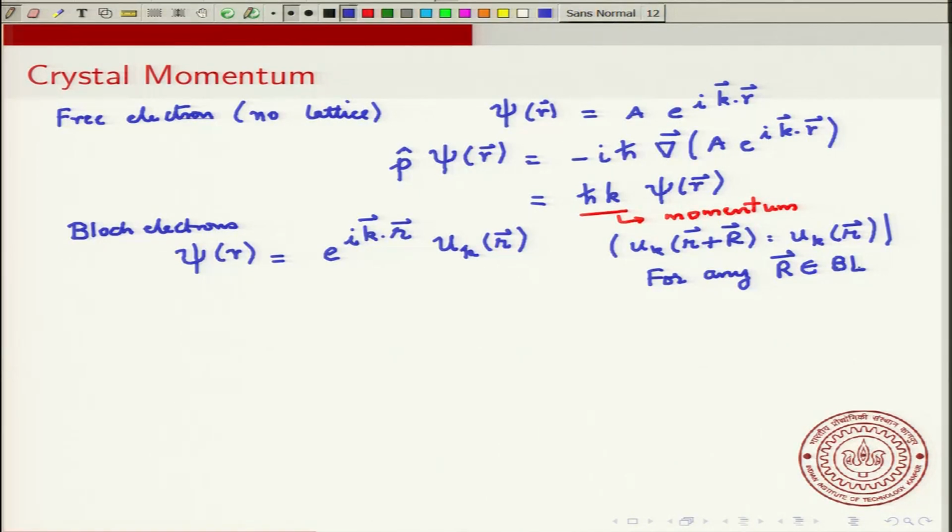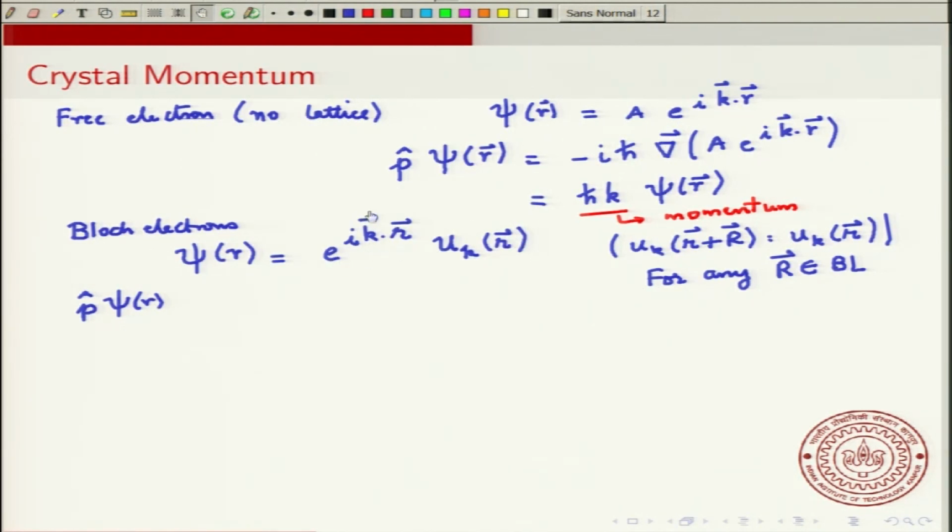Now, if you calculate P operated on psi of r, you will have minus i h cross and the gradient operated on this product of functions, and so you will get two terms, one involving the gradient of e to the i k dot r and the other involving the gradient of u k of r.